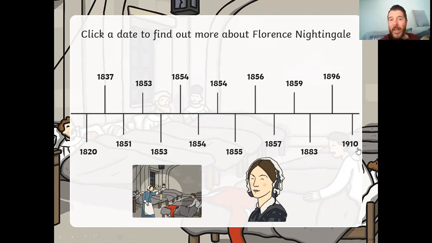So a timeline is a way of showing historical information in order, and it's very important for helping to understand when things happened. We're going to be looking at this timeline of Florence Nightingale's life, and I'm going to read out some information about each point. Looking at the timeline, when does it begin?